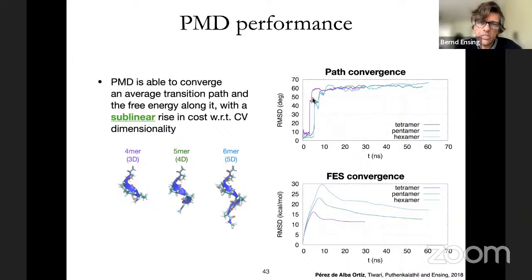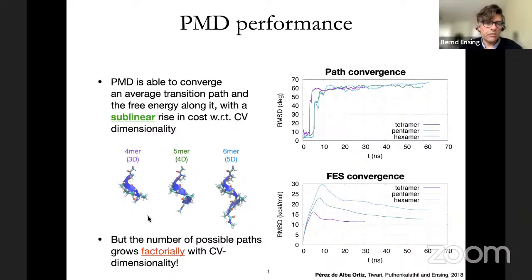And it's actually sublinear. And this is the free energy surface convergence, which is also very, very quick, actually. Right. So if you would use normal metadynamics, you would have an exponential scaling, but with path metadynamics, the scaling is even faster than linear, which is quite nice.